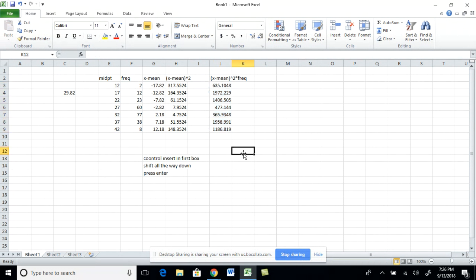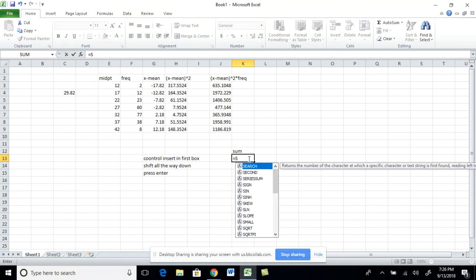Okay, now the next step is the sum. We can do that with Excel by saying equals. If you look at the left-hand corner right here, this is where all your formulas are. Or you could just type SUM in capital letters, and it comes up in this list, and you double-click on it.